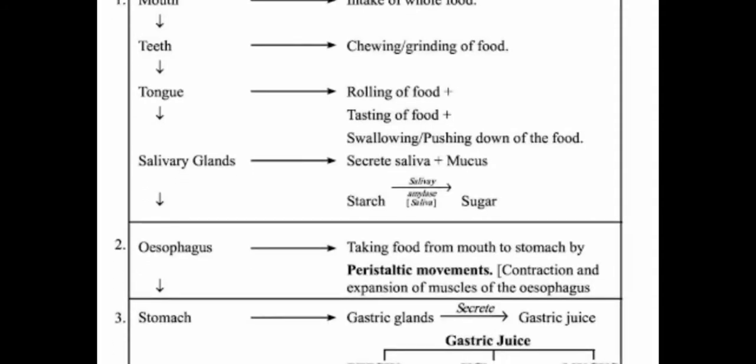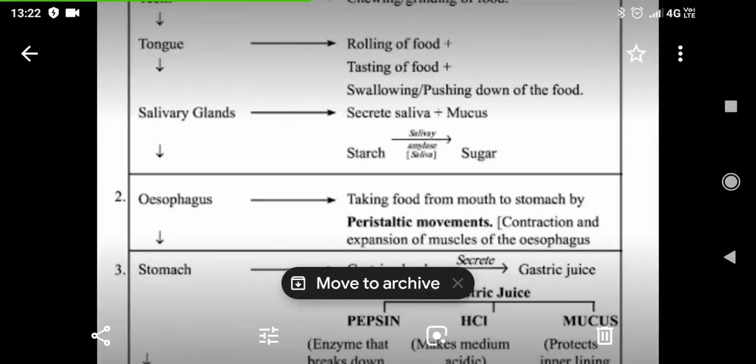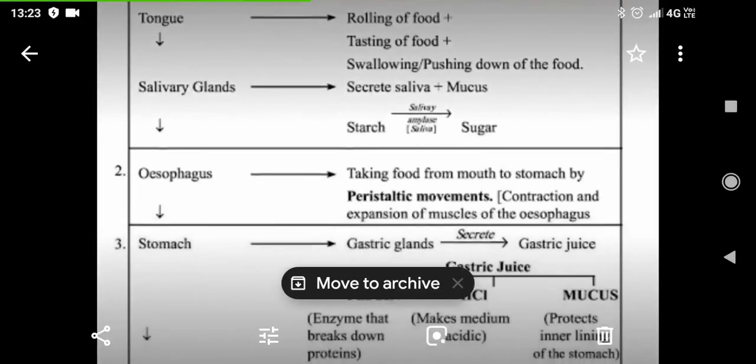Next, the food is passed to the next part of the body, which is called the esophagus. The esophagus is a tube-like structure passing between the mouth and the stomach. It takes the food from the mouth to the stomach by making use of peristaltic movement.